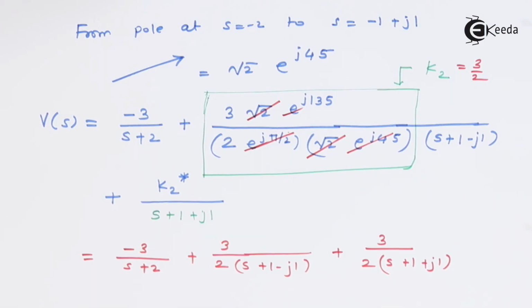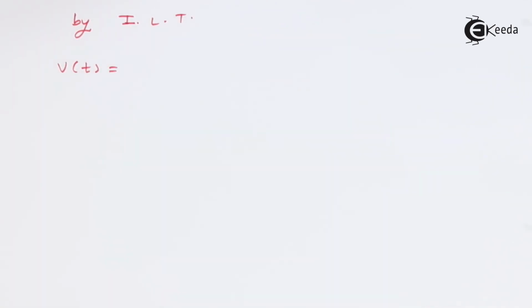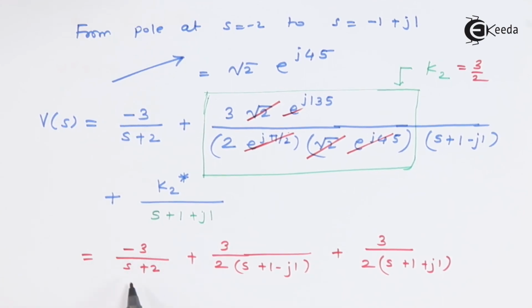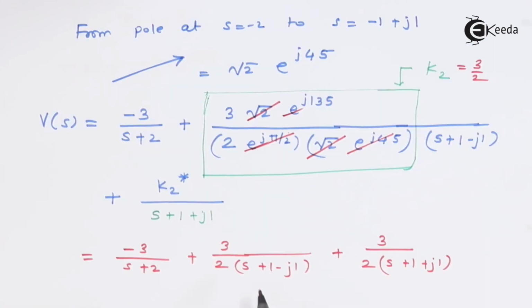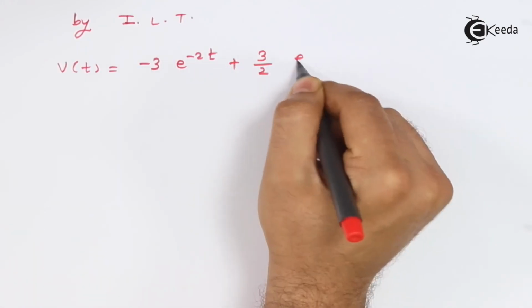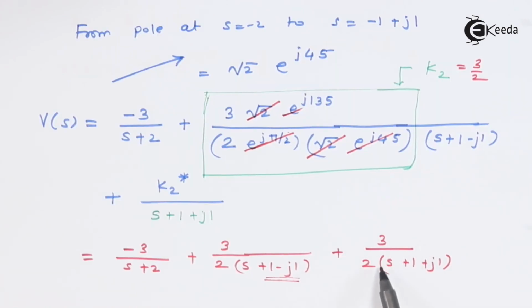And now just by applying the inverse Laplace transform, we'll get V of t. So for the first term, it is going to be minus 3 into e raised to minus 2t. For this term, it is going to be 3 by 2 into e raised to minus of this term, that means e raised to minus of 1 minus j1. And for the last term, it is going to be 3 by 2 into e raised to minus of 1 plus j1.